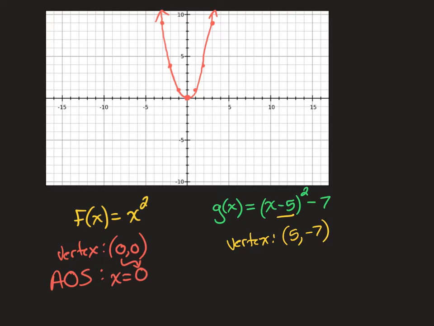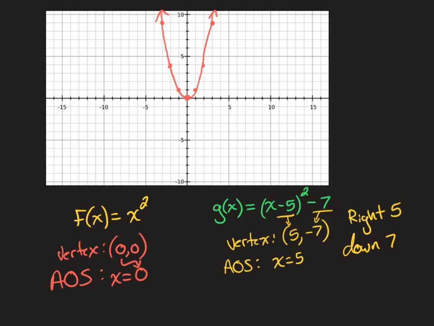The opposite of this one, and then exactly what this one is. And our axis of symmetry is x equals 5, same as the x of the vertex. So we're going to take this graph that we have here, move everything to the right 5 units, and then down 7 units.